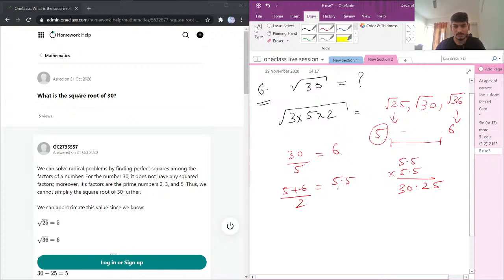So what I can do, I will take 5.5 and divide 30 by 5.5. So 30 divided by 5.5 will give me 5.45.